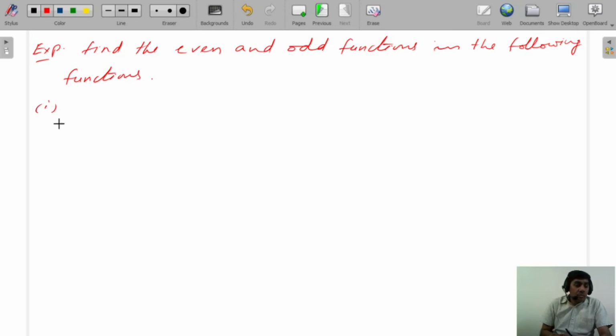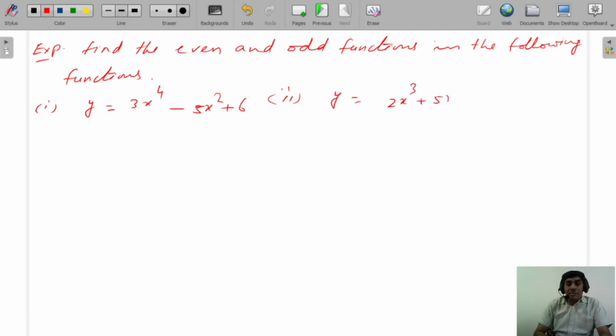First, y is equal to 3x⁴ − 5x² + 6. Second, y is equal to 2x³ + 5x. Third, y is equal to modulus of x plus 7.